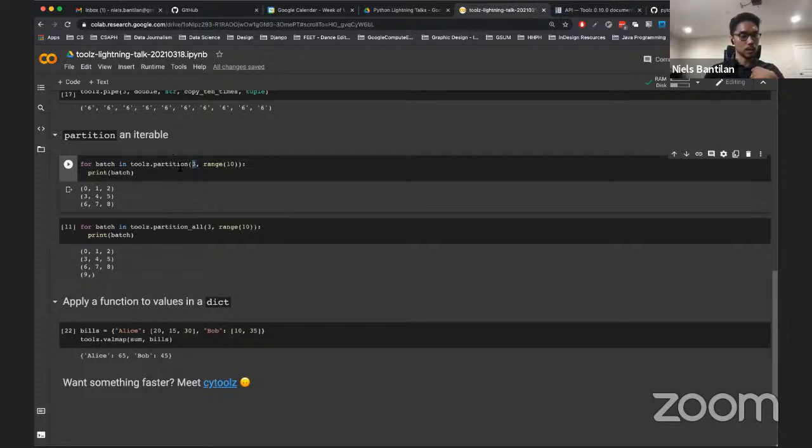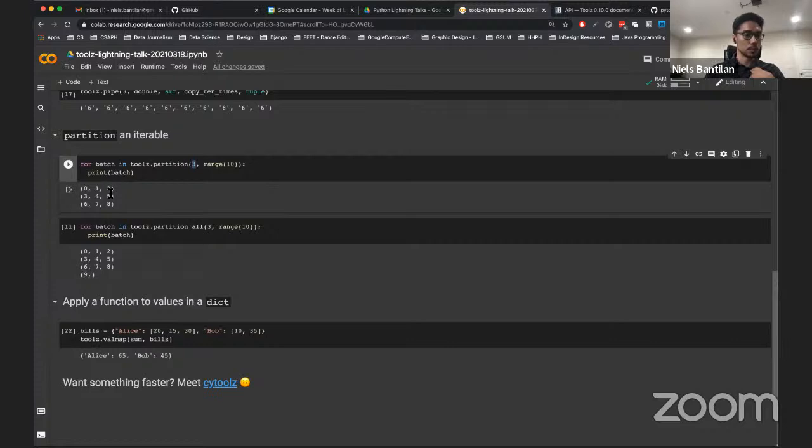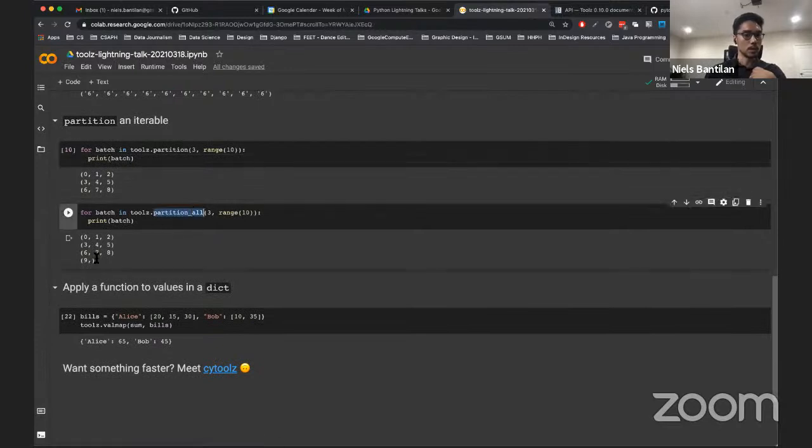So here, partition is just batching the data in groups of 3, and then it's dropping the last batch. But partition_all will actually preserve the last batch that isn't divisible by that number.